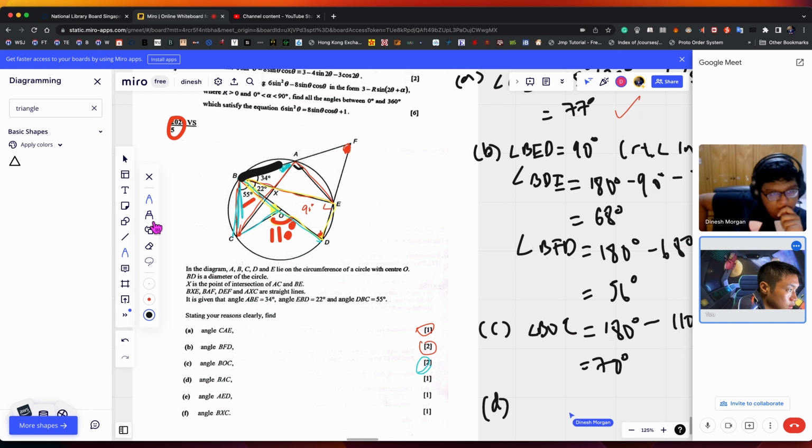Sorry, too thick. Okay. You already have this one, right? So it's opposite segment. So you have the black one also, so you can find the blue one.